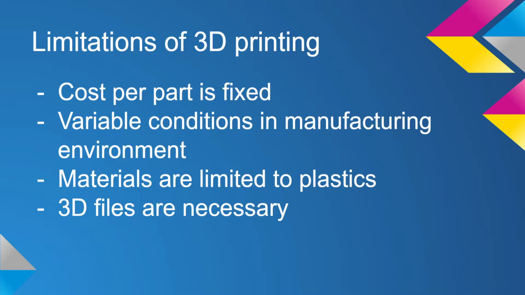There's a lot of things that can go wrong, and because we're not talking industrial machines, we don't have industrial quality control essentially. So for the most part, you're also limited to plastics on these types of machines that we have in the makerspace.